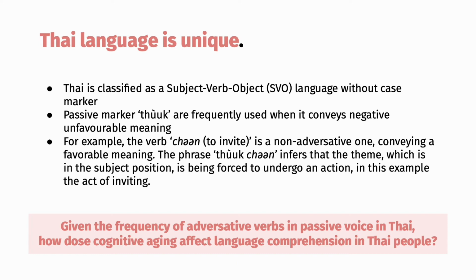There is no correlation or agreement between a verb and its subjects or objects in terms of person, number, or gender. So Thai, which has a rigid SVO construction, main verbs and their arguments, either subjects or objects, are mostly indicated by their position in the sentence.